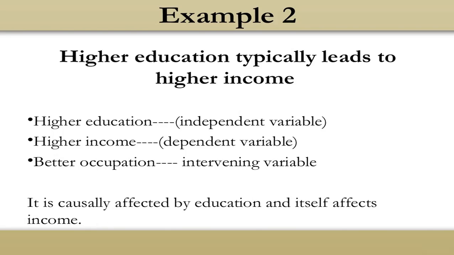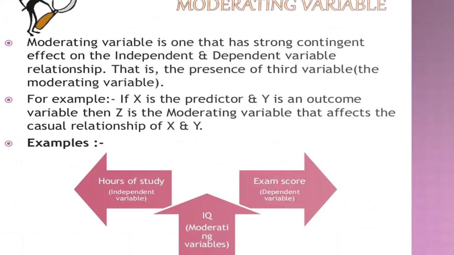We will talk about that later. It is causally affected by education and itself affects income. So naturally, we simply want to say that the more people go into higher education, the more their income increases. More and more change in higher education means more and more change in income. So this income change is due to higher education.